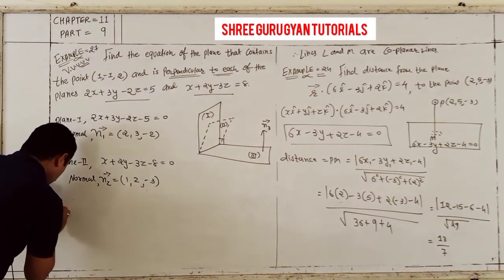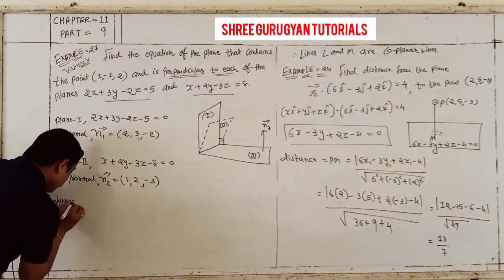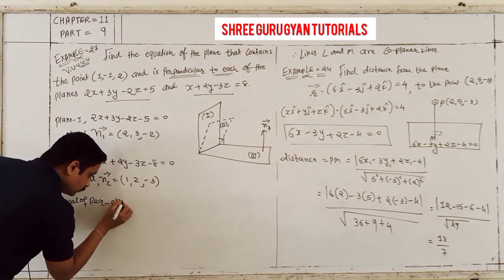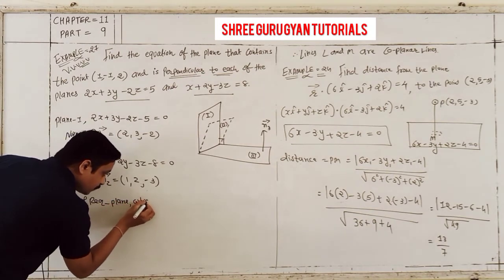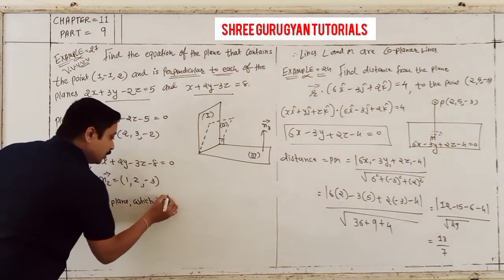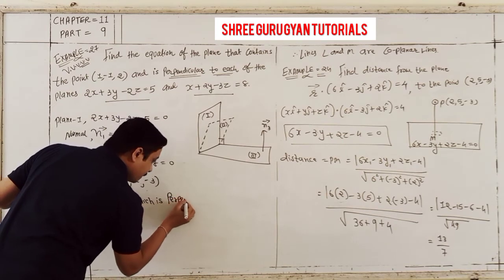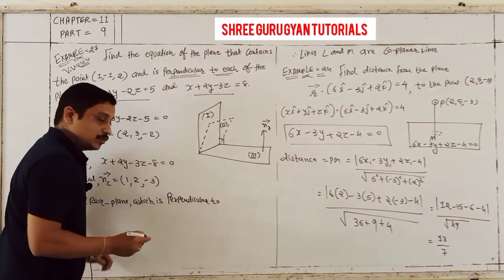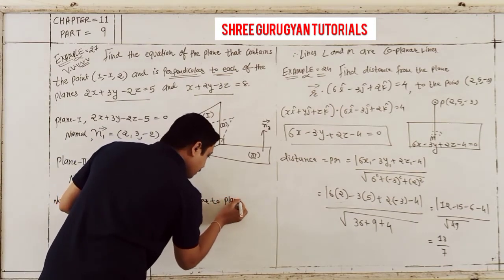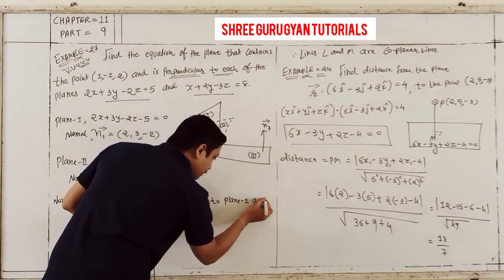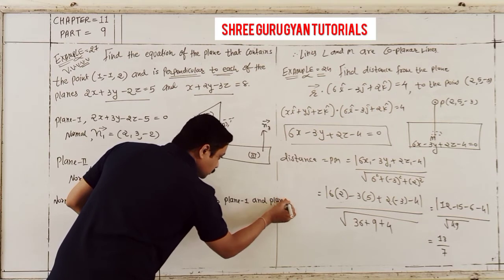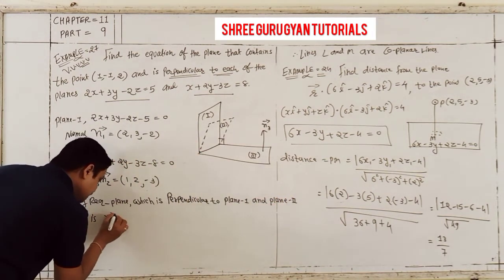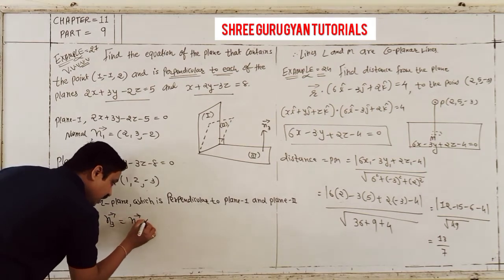So the normal of the required plane, which is perpendicular to plane 1 and plane 2, is n3, easily n1 cross n2.